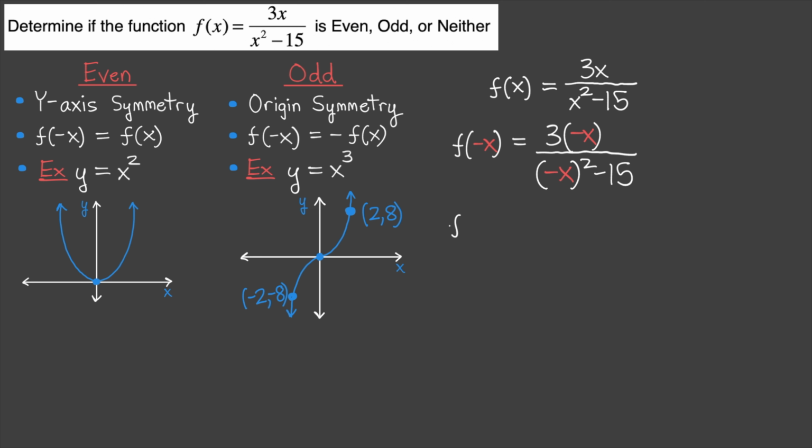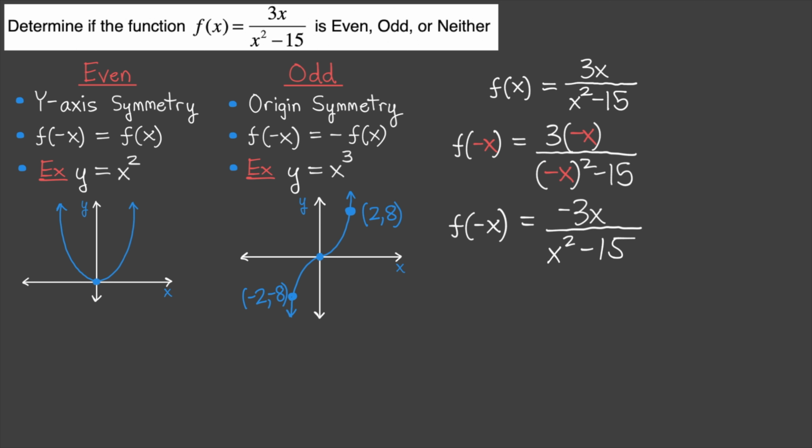Then simplify. On top we have 3 times negative x, which equals negative 3x. Then on the bottom, we have negative x quantity squared. Because we have a negative squared, that's a negative times a negative, which is positive. So this is positive x squared minus 15.